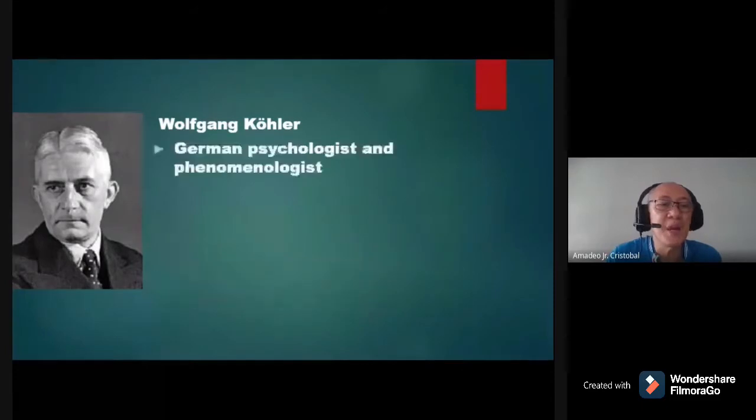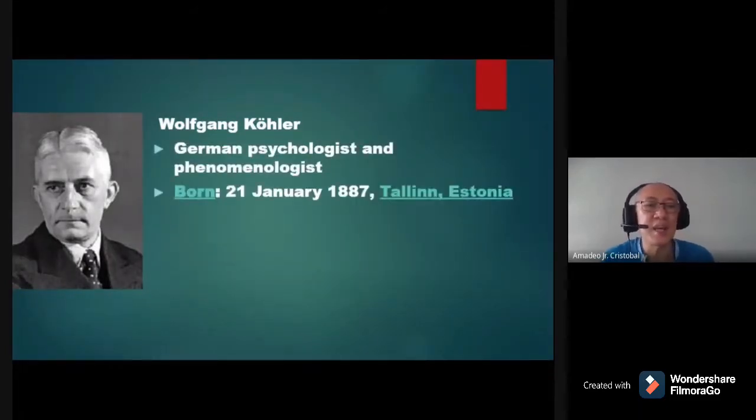And we have the third proponent of Gestalt psychology, Wolfgang Kohler. He is also a German psychologist and phenomenologist. A phenomenologist is a person who studied the behavior of human beings, how they react to circumstances. That's another part of psychology.